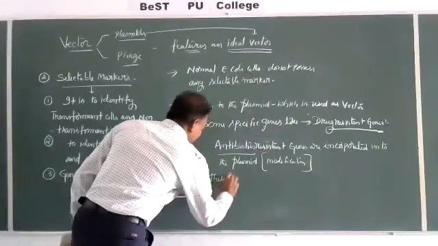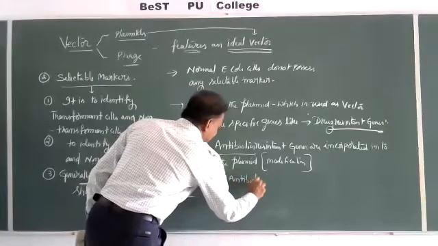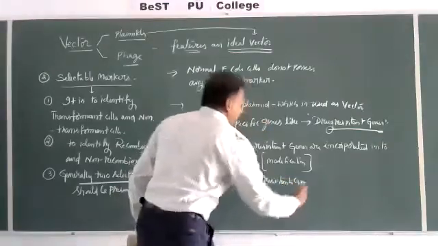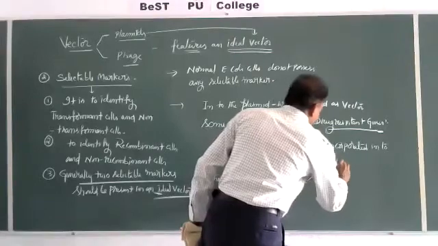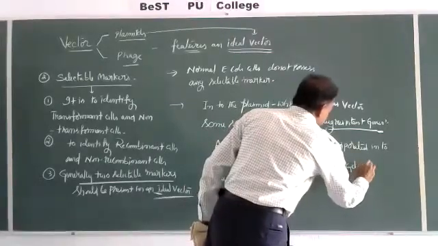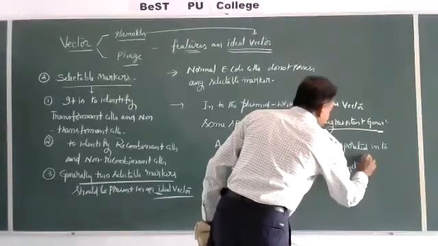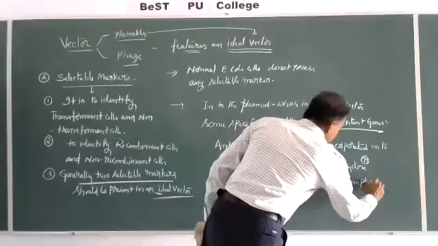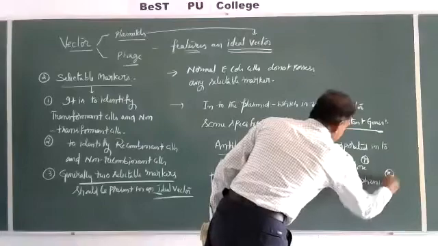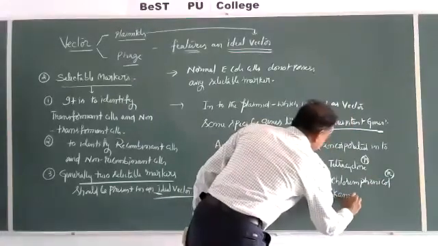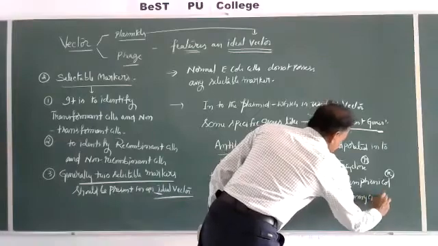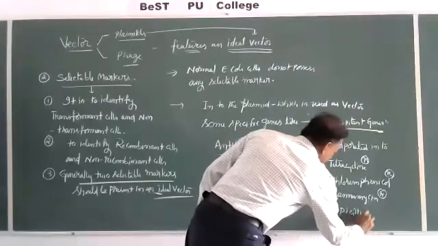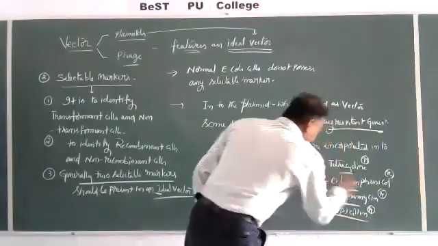These antibiotic resistant genes may be tetracycline resistant, where resistant means R, small letter r, chloramphenicol resistant, kanamycin resistant, ampicillin resistant, neomycin, bacitracin.